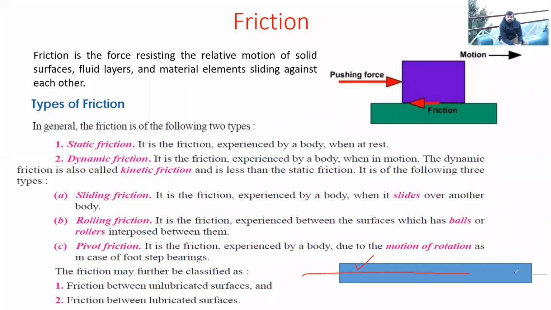When any force is acting along the axis of the shaft, that is called axial force. And when any force is acting perpendicular to the axis of the shaft, it is known as tangential force, or radial force. So these are the two types of forces.